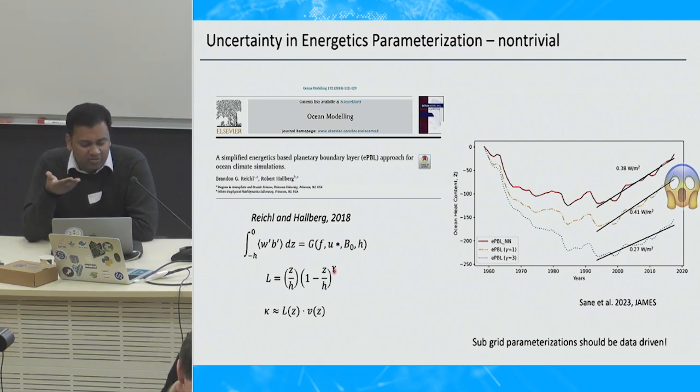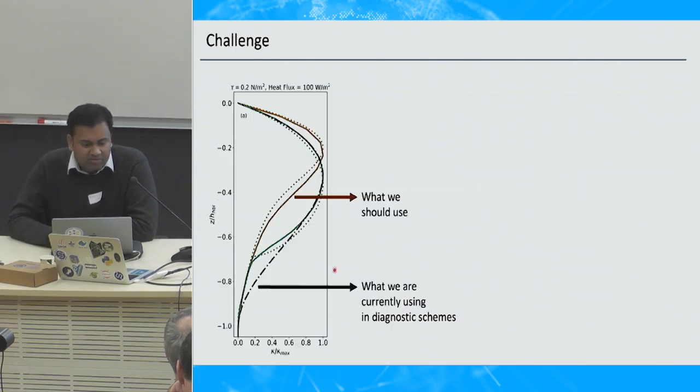But I approach this from a different point of view, as in, can we just replace all of these parameters by directly emulating something coming from a higher moment closure? So here's the challenge: the plot here shows the diffusivity profiles, but they are normalized by their magnitude.